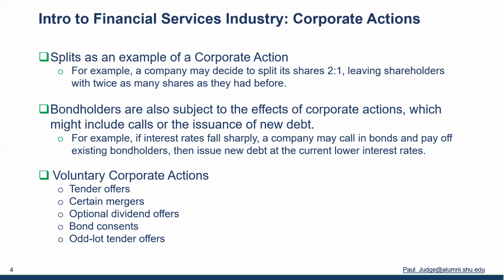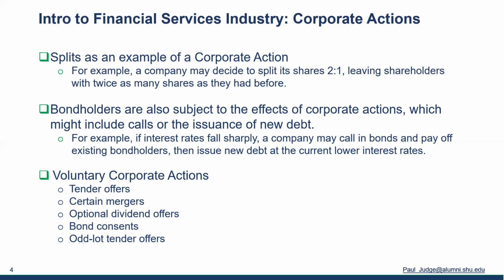Interest rates drop, and the company was borrowing money at a high rate, so the corporation can call those bonds back in, pay them off, settle them up to that date, and then borrow the money in other ways. Obviously that would affect the bondholders, because they're going to get paid off, they're going to get settled out.